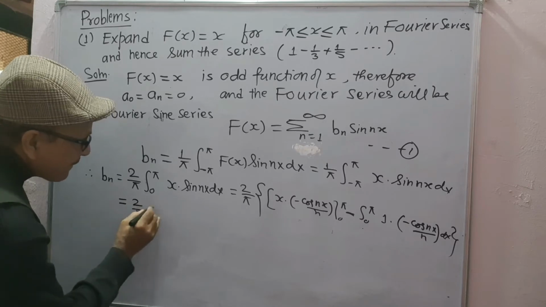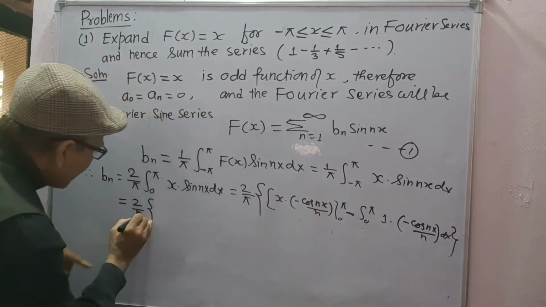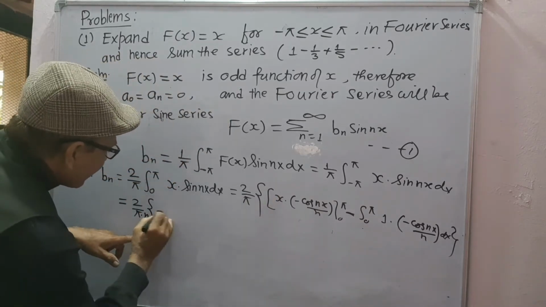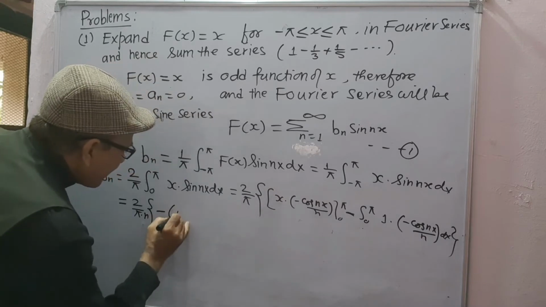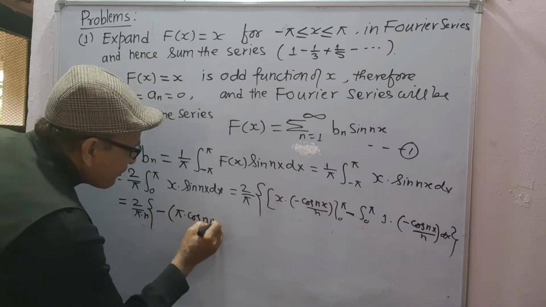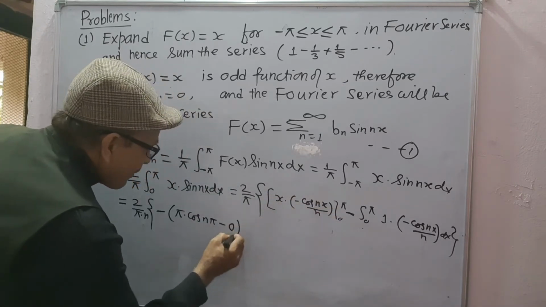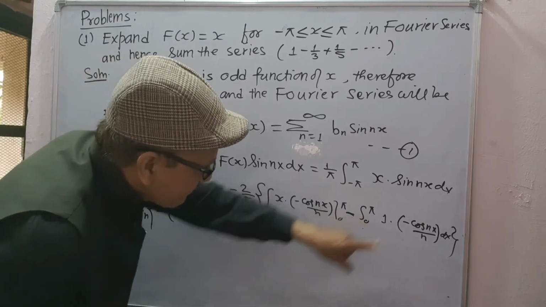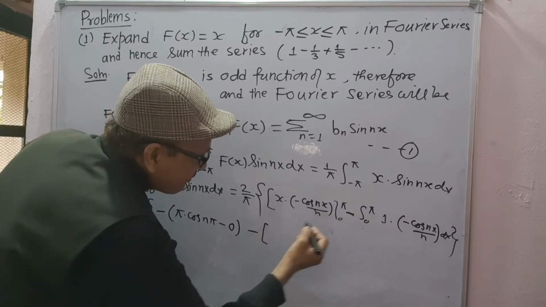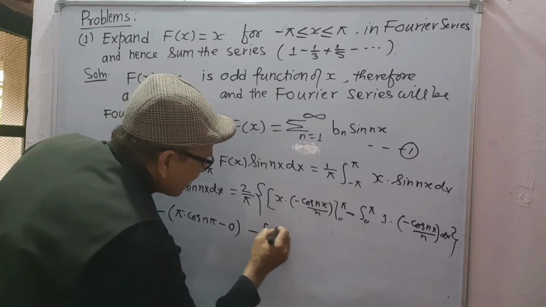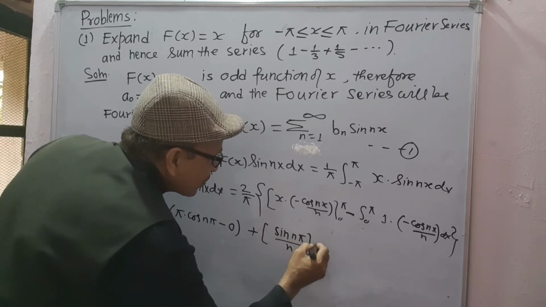2 upon pi, n can be taken common in both. Here we get minus common. Upper limit pi into cos n pi, minus lower limit 0 into x becomes 0, and its integral is, n has been taken common, minus minus plus, cos n pi gives its integral as sin n pi by n from 0 to pi.